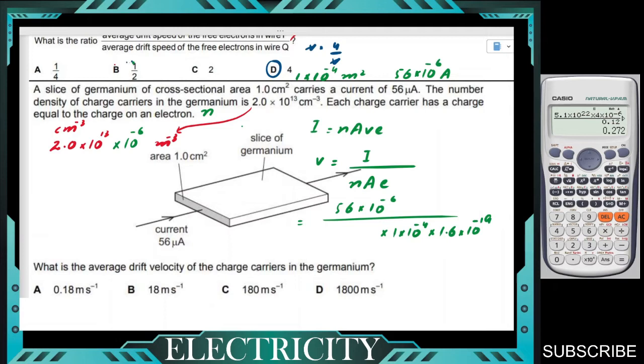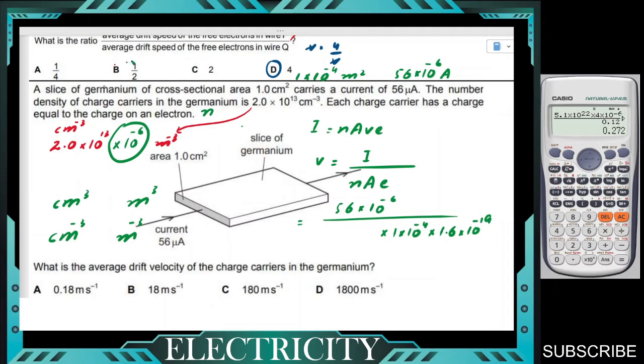But you need to realize one thing, that you're not converting cubic centimeters to cubic meters. Rather, you're converting per cubic centimeters to per cubic meters. So you have to multiply by this factor in the denominator.